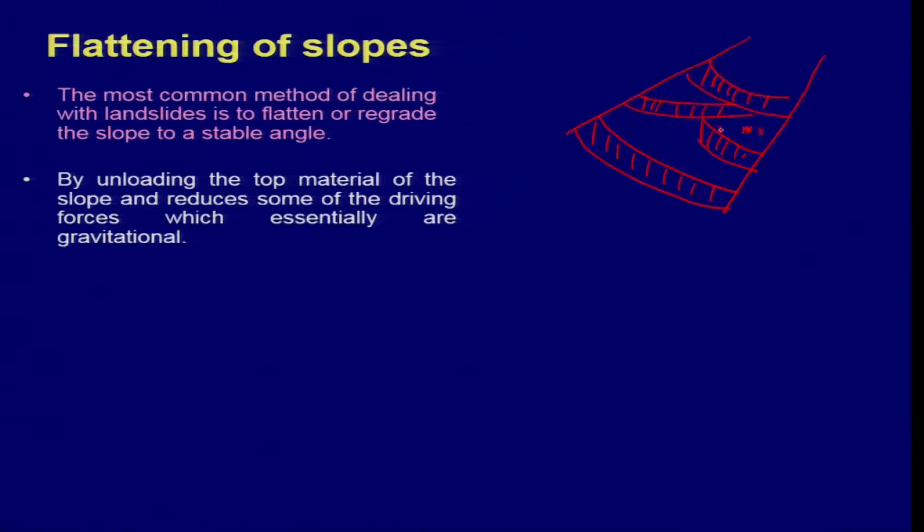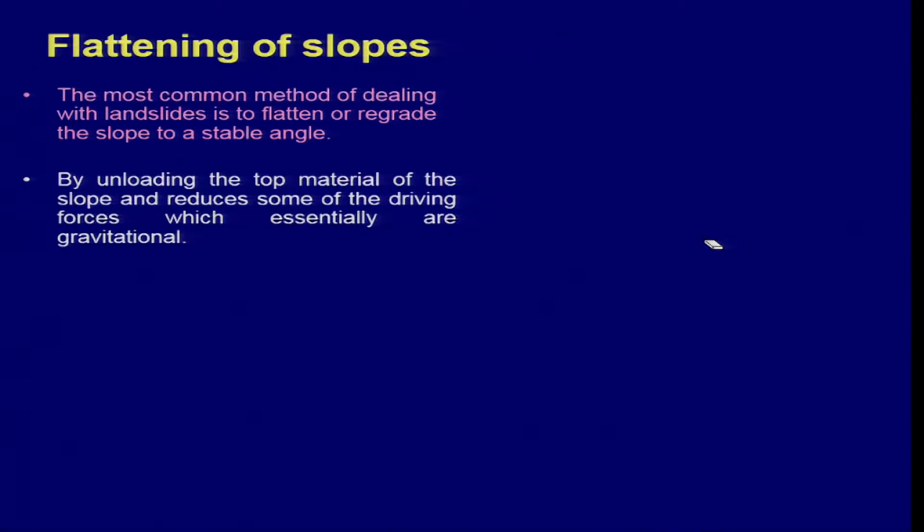You will have the agriculture going on here, but what they have eventually done is reduce the slope. You will find this very commonly in the hilly terrain, that the people have used agricultural practices for cultivation, and they have eventually reduced the slope. So, the most common method of dealing with landslides is to flatten or recreate the slope to a stable angle.